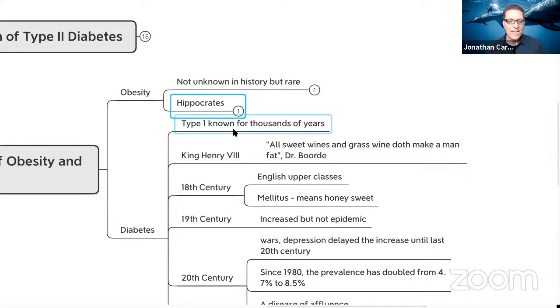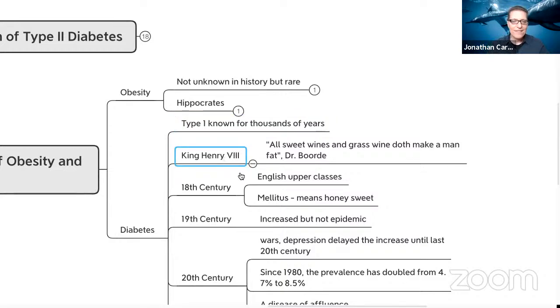Type 1 diabetes, which is where the pancreas basically loses its ability to produce insulin, generally speaking, has been known for thousands of years, and was virtually fatal until not that long ago in terms of the history of humanity.